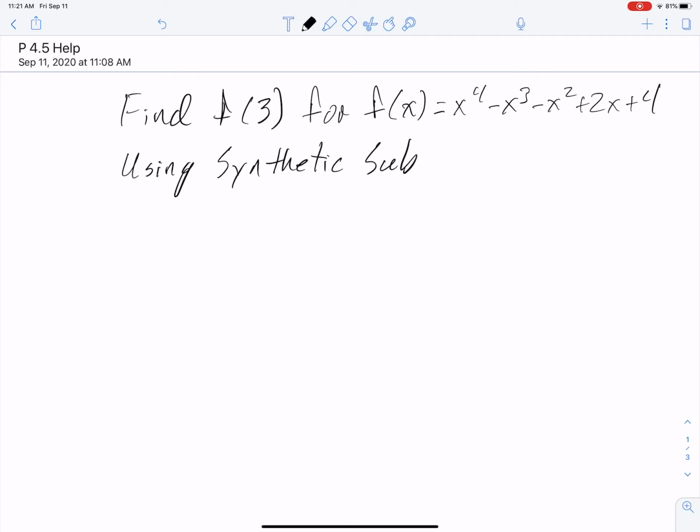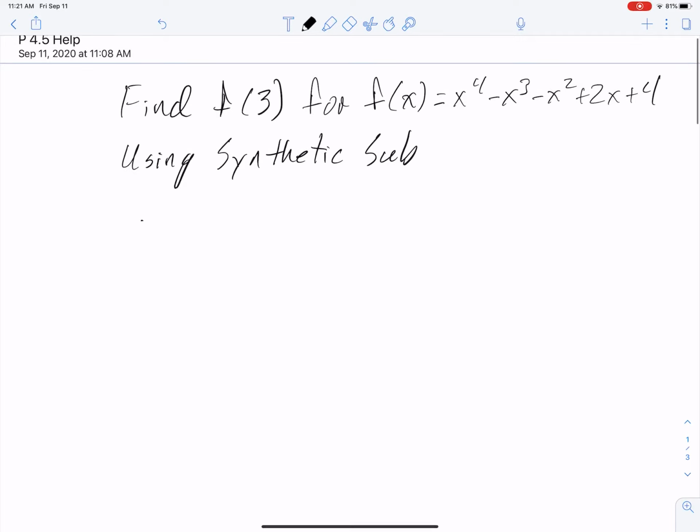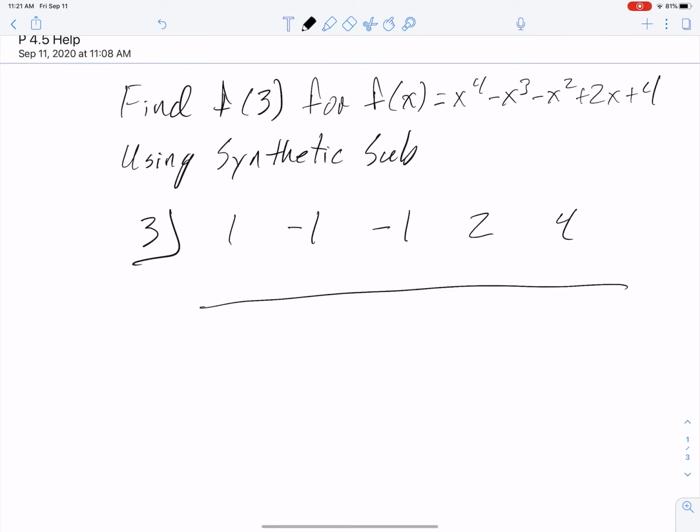All right, so first question asks us to do some synthetic substitution to find what our value would have been. So I take the value that I want to substitute in. I take my coefficient of x to the fourth, my coefficient of x cubed, my coefficient of x squared, my coefficient of x, and my constant.